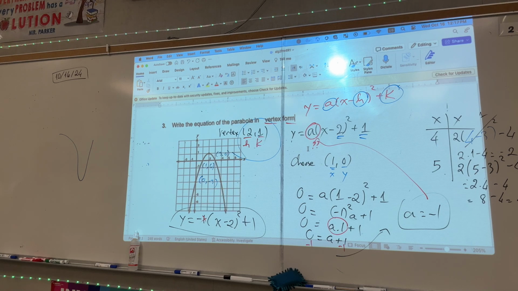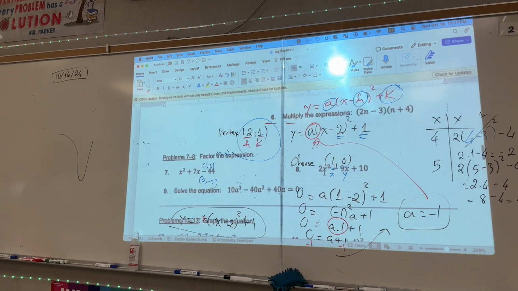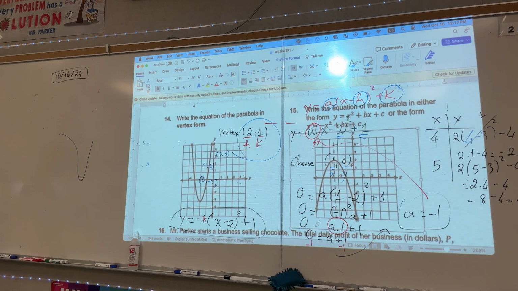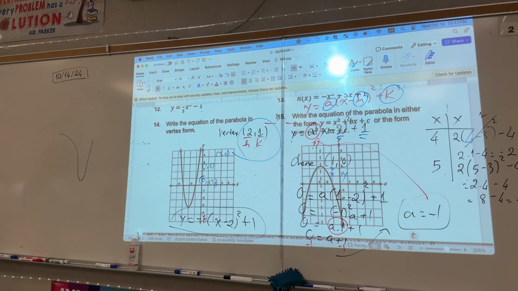Good? Number 4 is write in standard form. Let's do number 15 instead. Number 15 is the one from before the quiz. Do you remember?